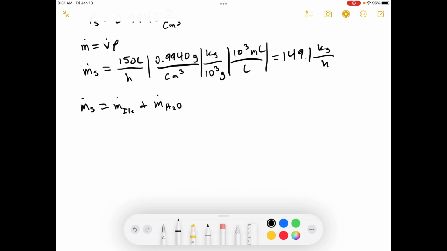So we want our equation here to have something that looks like grams of IL per grams of water. So let's divide this equation by the mass flow rate of the water.